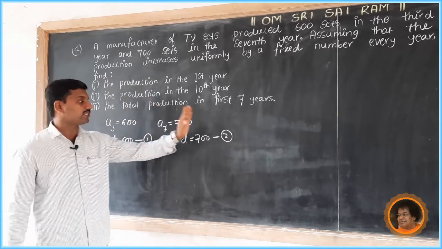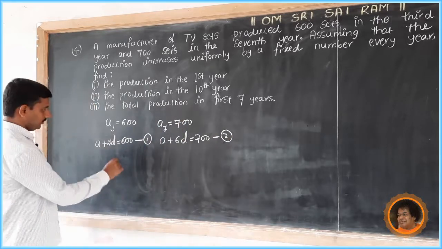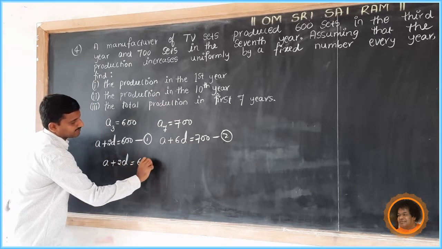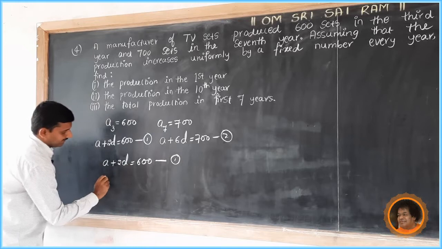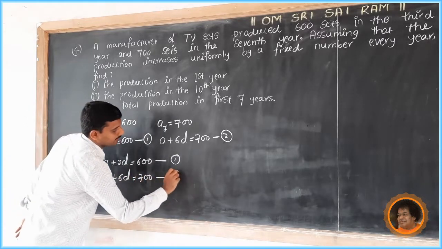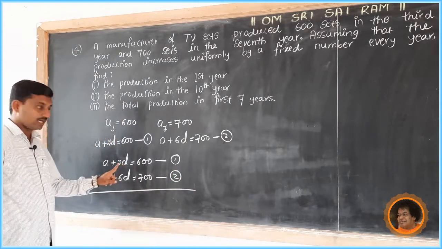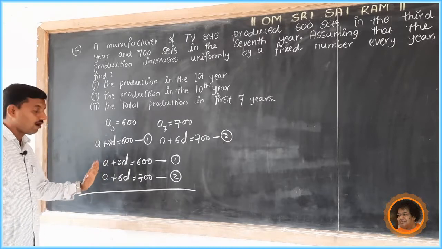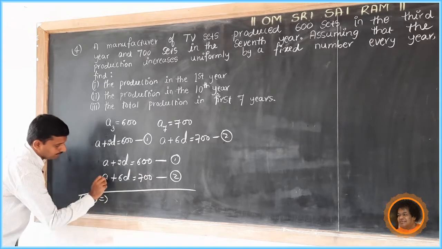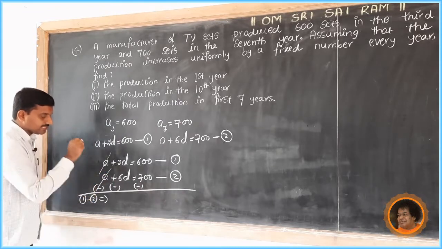On solving equations 1 and 2, we get the value of a as well as d. So, a plus 2d equal to 600, equation number 1, and a plus 6d equal to 700, equation number 2. These are a pair of linear equations in 2 variables. Now, eliminate any one of the variables, either a or d. Subtract equation 1 from 2. Plus a minus a is 0.